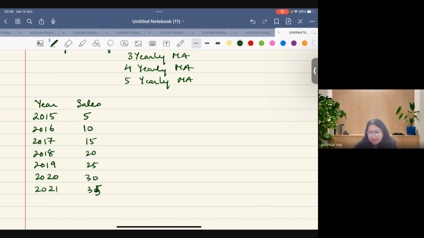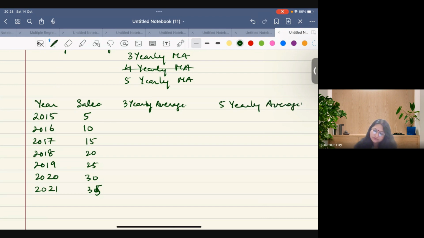So first we calculate the 3-yearly average. I will not be dealing with the 4-yearly average. I will deal with the 3-yearly average and the 5-yearly average.